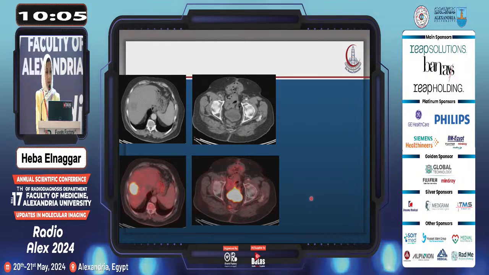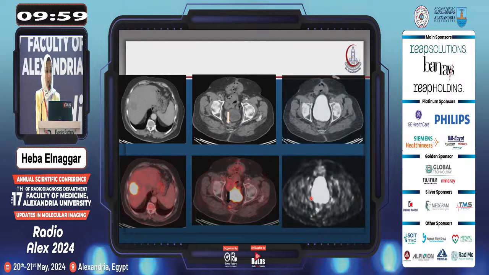So we asked for the delayed scan done 45 minutes after the initial one, and here what we get, we can see there is tracer fixation at the same exact site, and it revealed increase in the metabolic activity, increase in the uptake. So this case was reported as residual tumoral tissue at the operative bed.